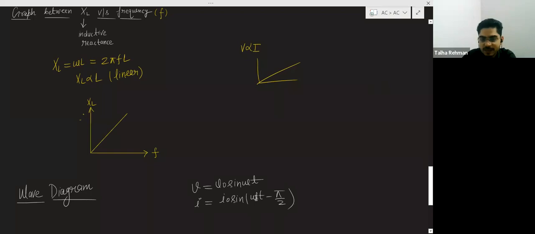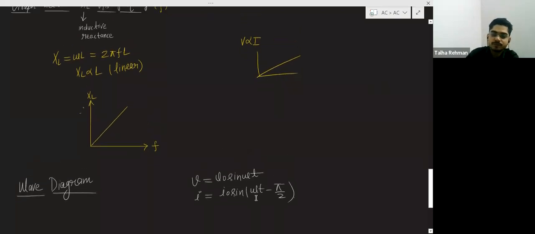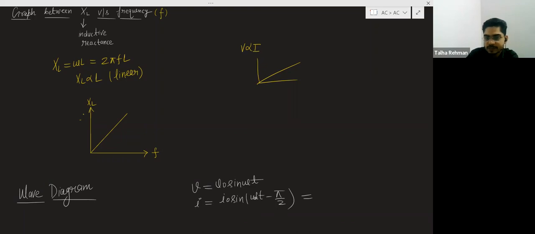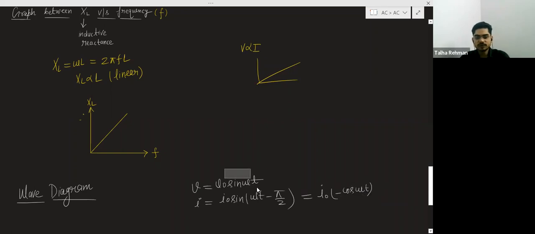Sine omega t minus pi by 2 can be written as minus cos omega t. So the current graph will be in the form of cos omega t, and the voltage graph will be in the form of sin omega t.